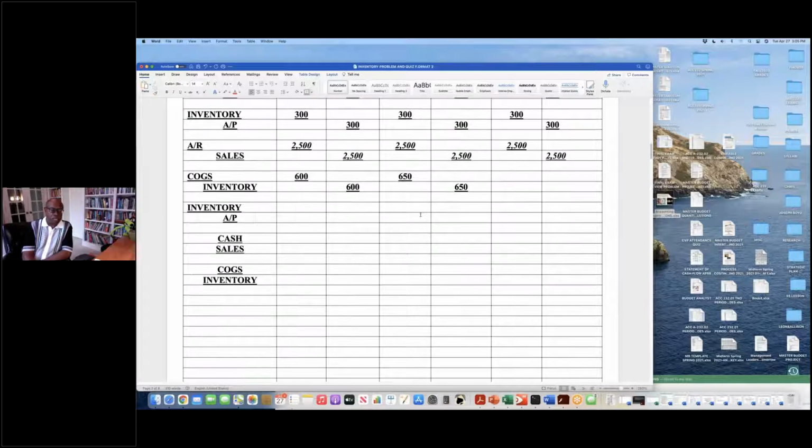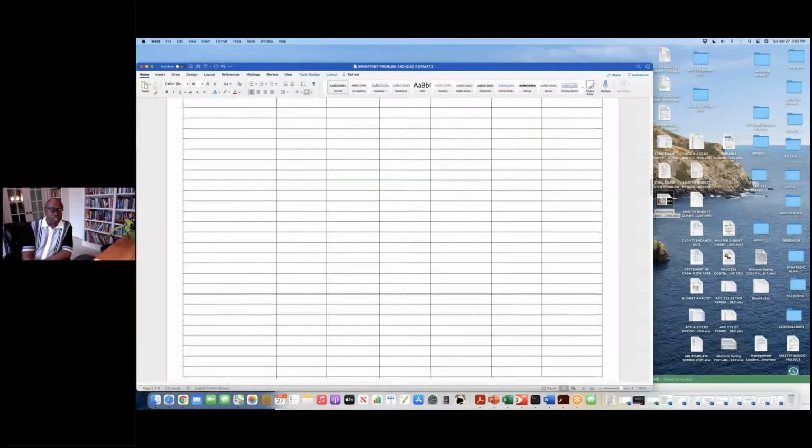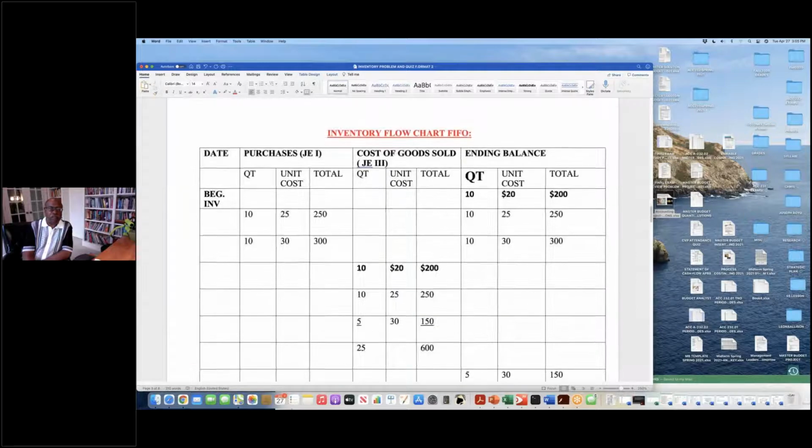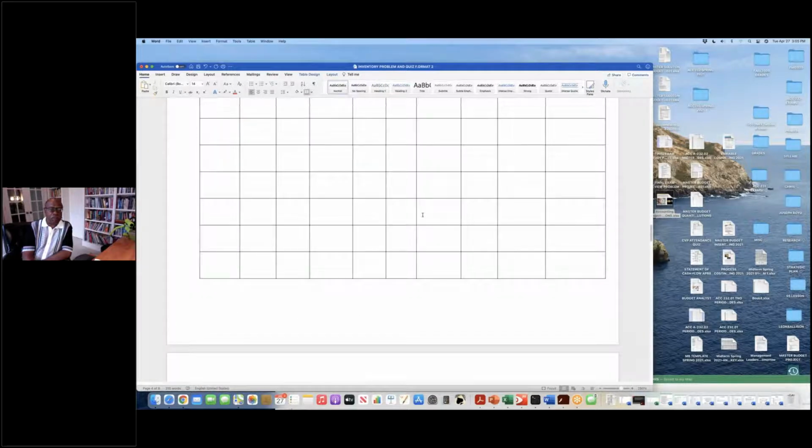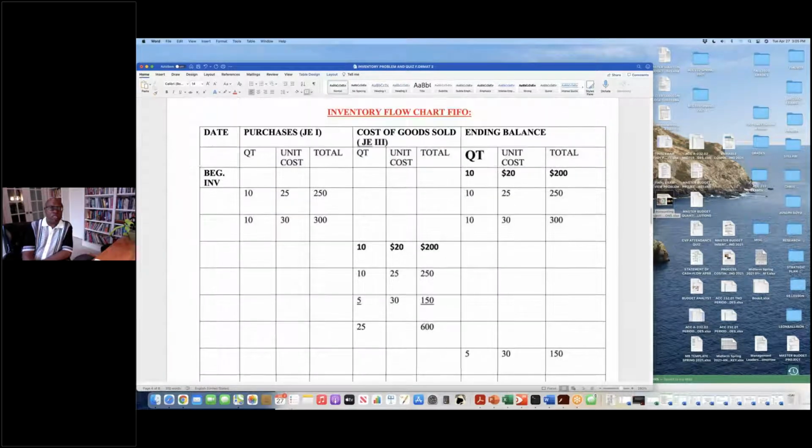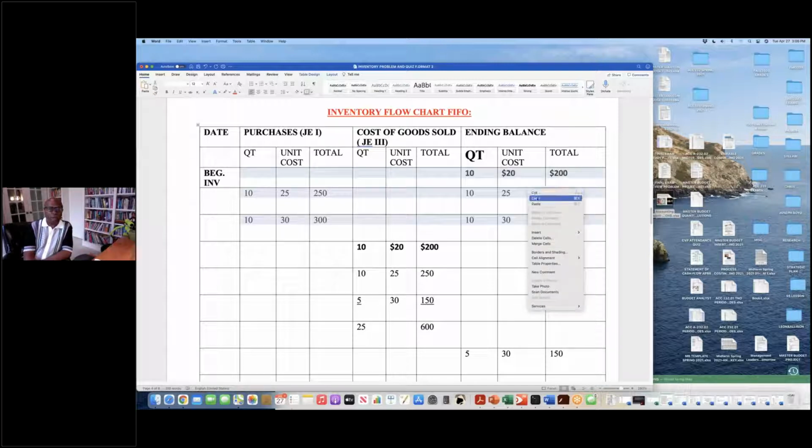So we're going to go to our inventory chart on the weighted average. And we can take these same numbers and copy them.